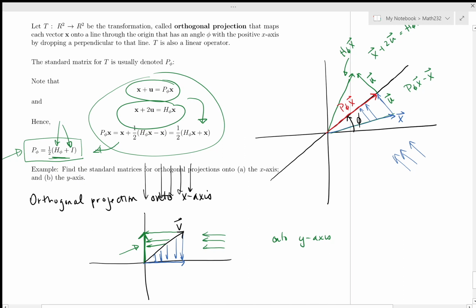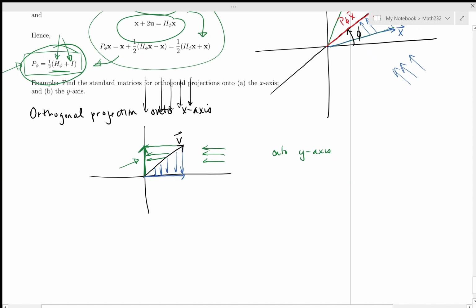Okay, so now we can figure out what the general matrix is for projection onto a line at angle phi through the origin. I'll just write this out in general and then we'll do the example.